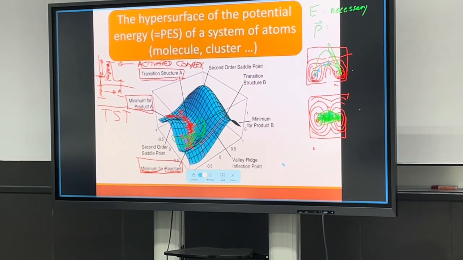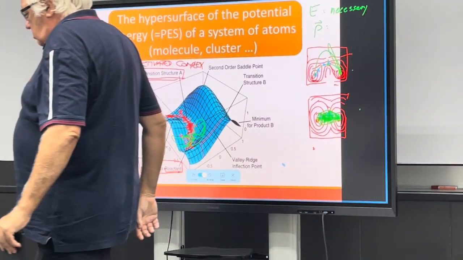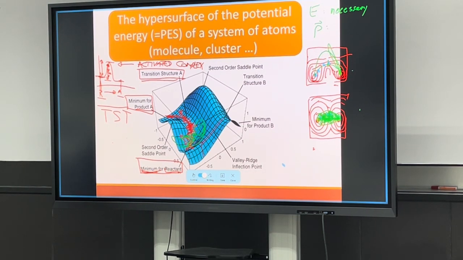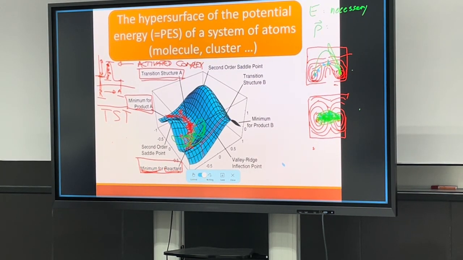So sometimes you compute barrier heights, and you find something, and then you do Arrhenius, and you find that this does not agree with your experiment. Maybe it's because your calculations are wrong, it can be. But maybe your calculations are just perfectly okay, but the reaction coordinate is curved.